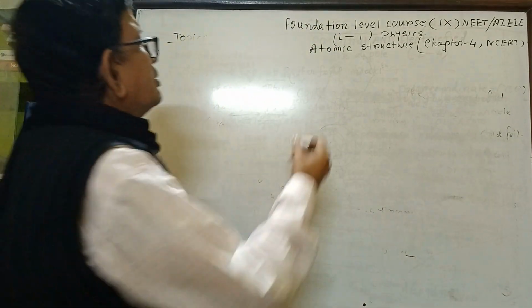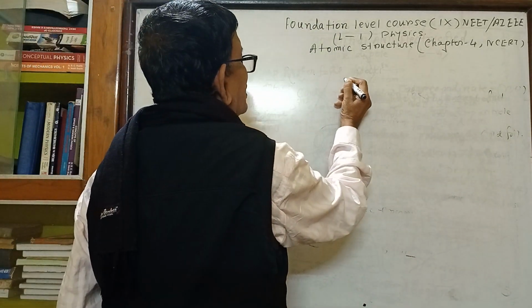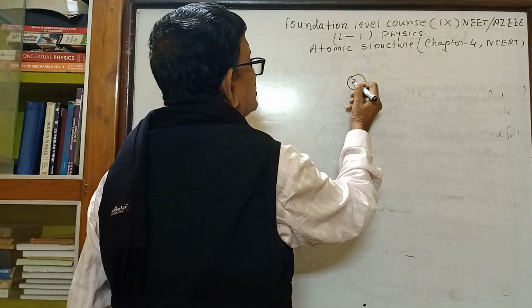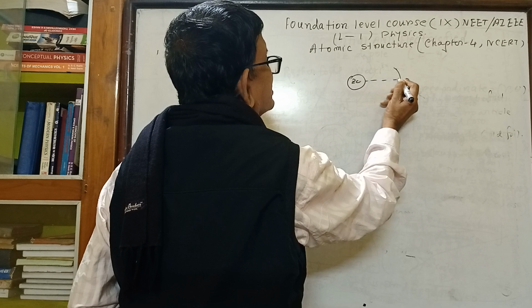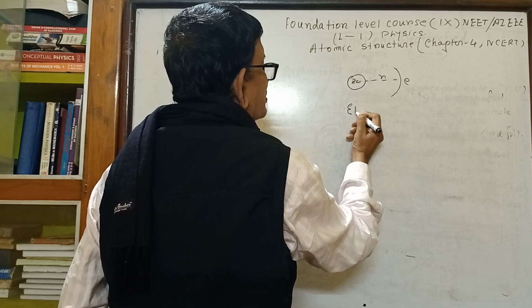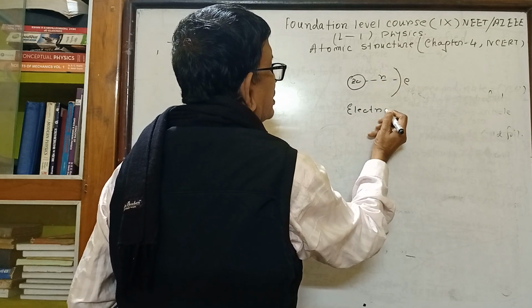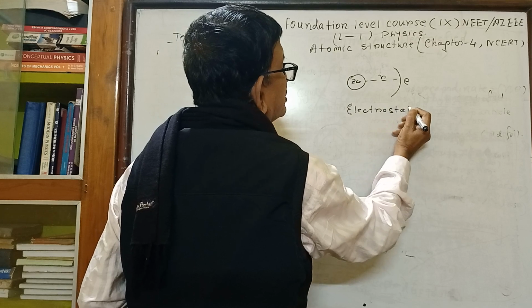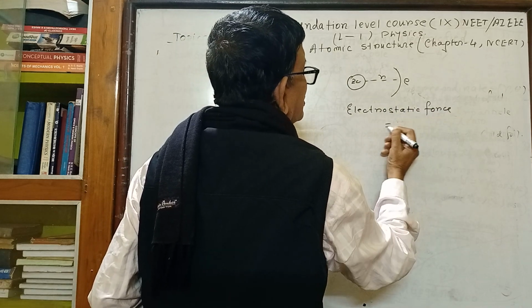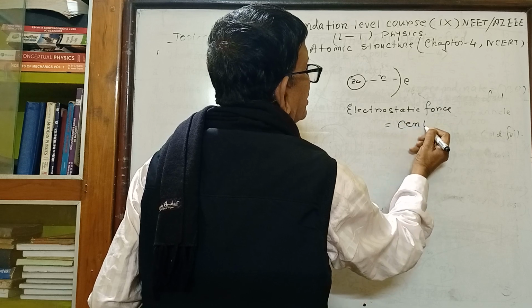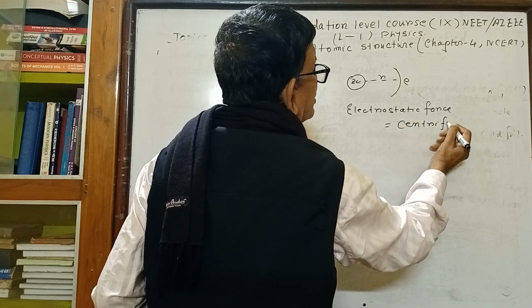Now, according to Rutherford, two forces are there. This is the orbit of the electron, and this is the radius r. Electrostatic force equals centrifugal force due to rotation.